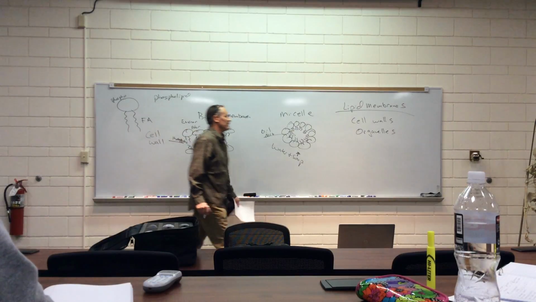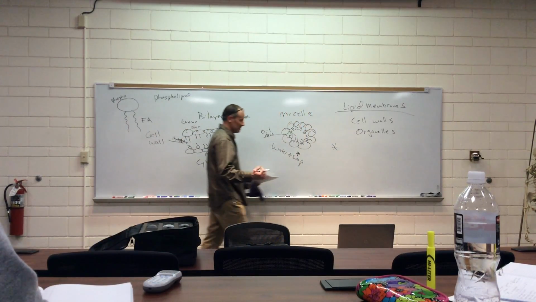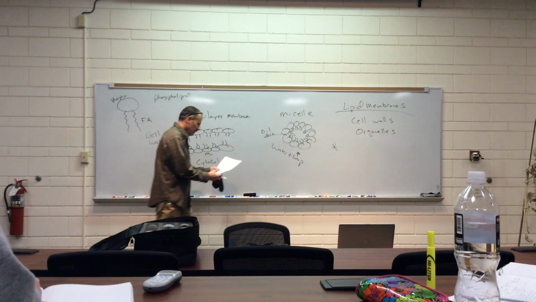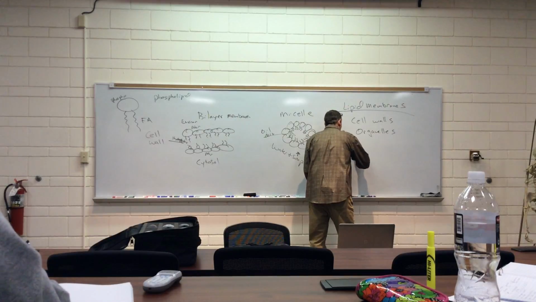And when we talk about these lipid membranes, there's kind of an old school way of describing it, and I like it, so I stick with it. We call this the fluid mosaic model of membranes.